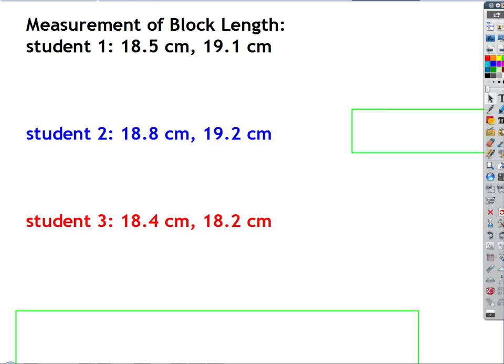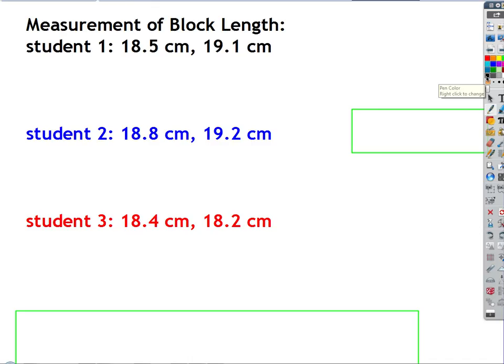Yeah. So how could we summarize both of the first 2 measurements in a single number? So yeah, okay, I could average it, couldn't I?